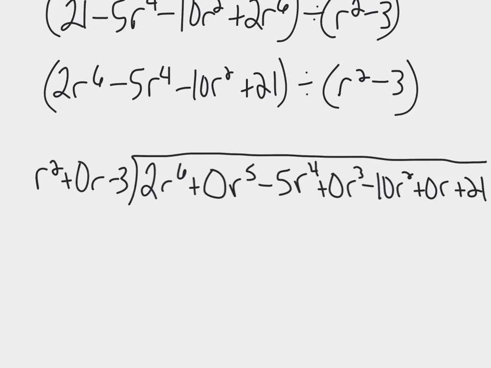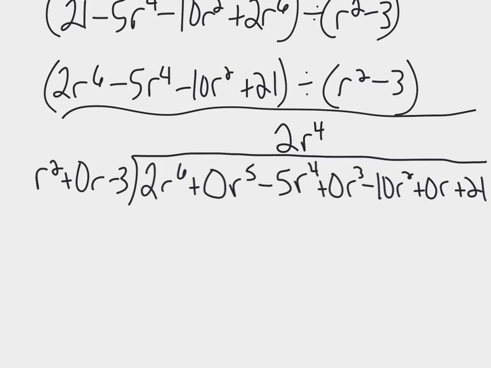So we're looking at these first terms. So r squared times what to get 2r to the 6th? And that would be 2r to the 4th. And I'm going to put that above my r to the 4th term here.